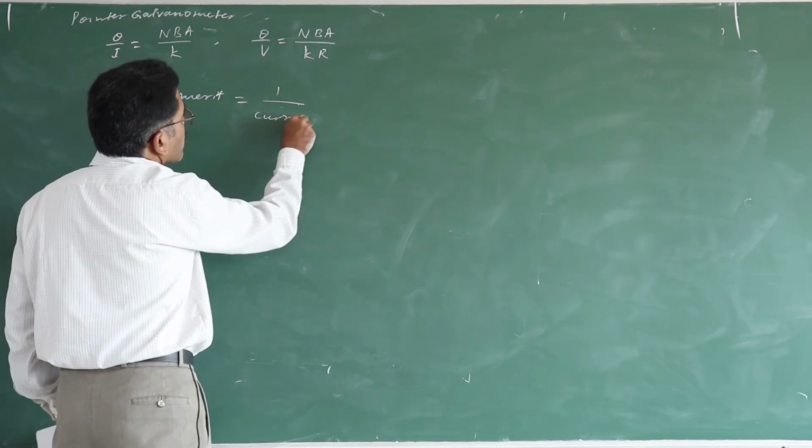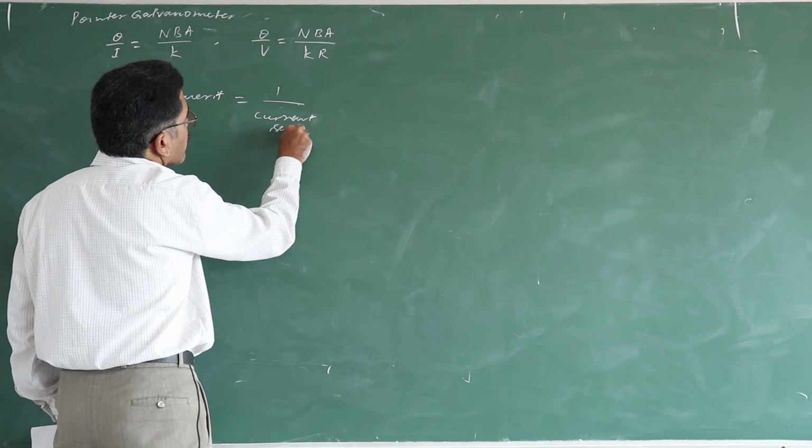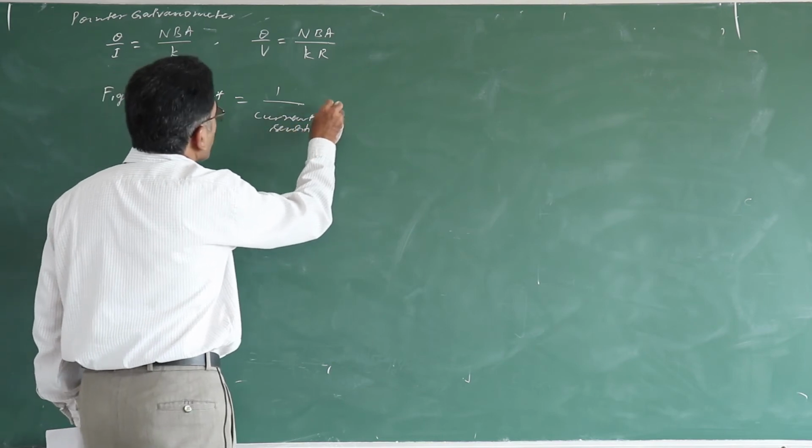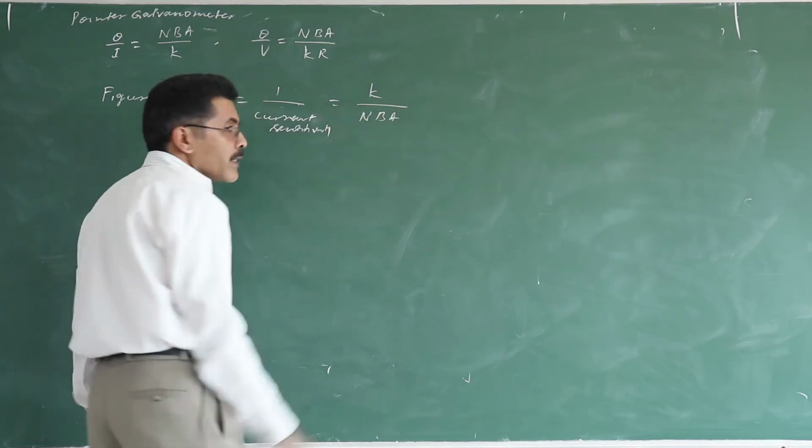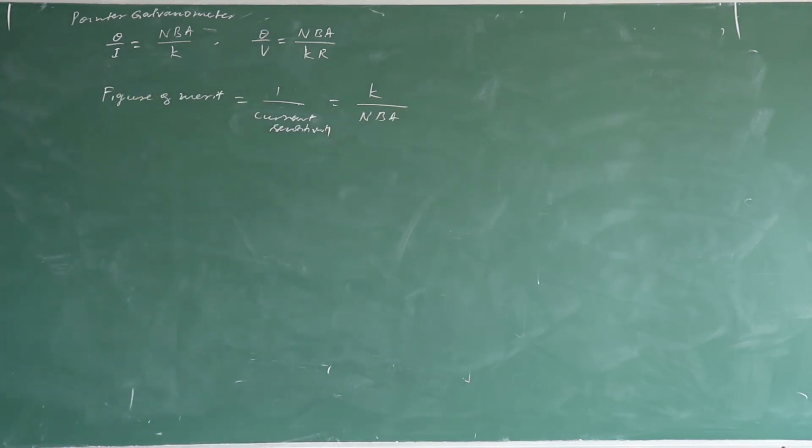This is equal to K by NBA. That is called figure of merit. This is nothing but the current required to produce unit deflection in the pointer galvanometer, that is called figure of merit.